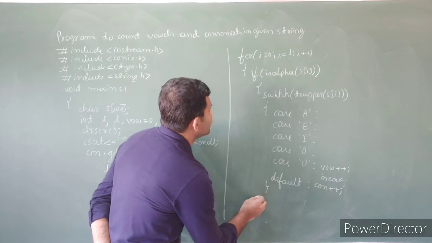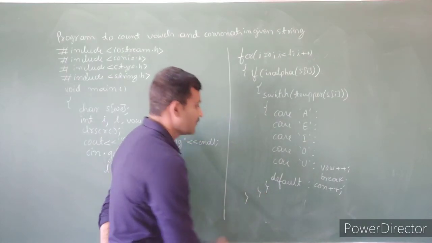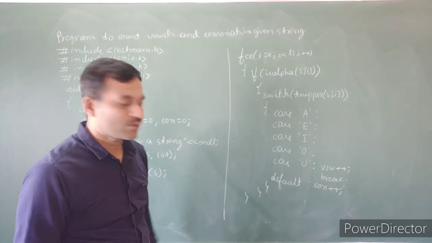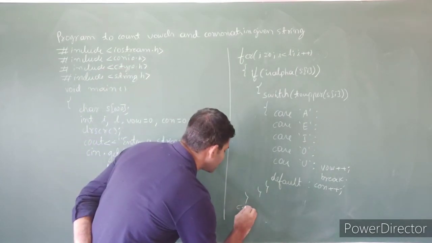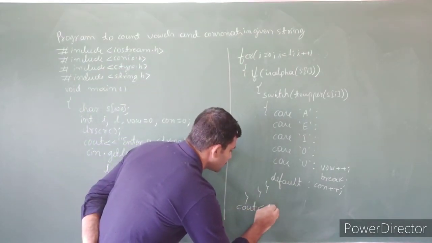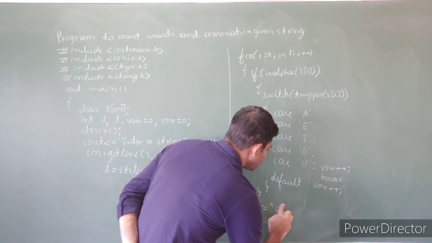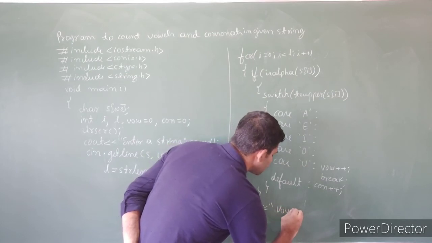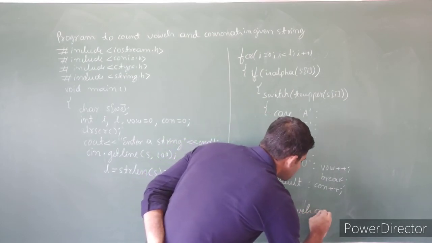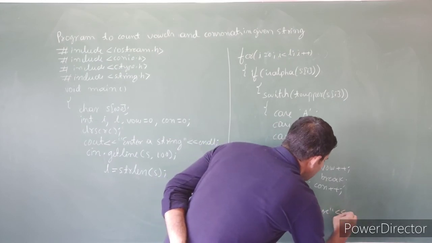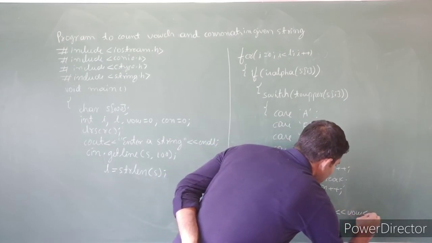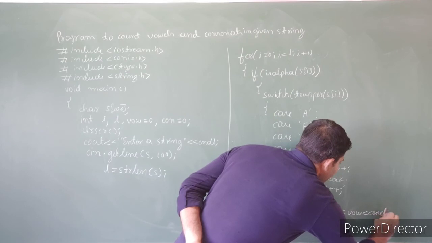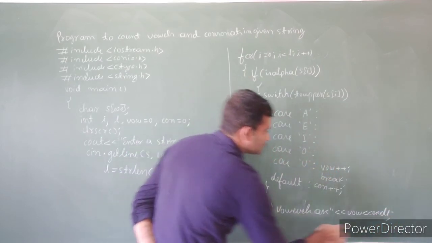Close the switch, close the if, close the for loop. When the for loop terminates, finally output: first write vowels. Vowels are, variable vowel, endl.